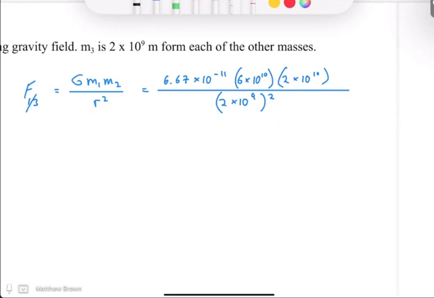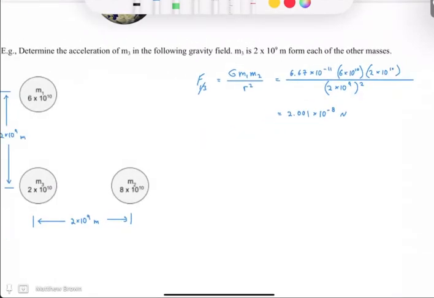So 4 times 10 to the 18 essentially at the bottom. If we do put in these numbers, and I already did, I get 2.001, you're going to love this part, times 10 to the negative 8 newtons. So not a lot of force. G is weak. I mean, interesting too. We're dealing with billions of kilograms, but gravity doesn't have much.